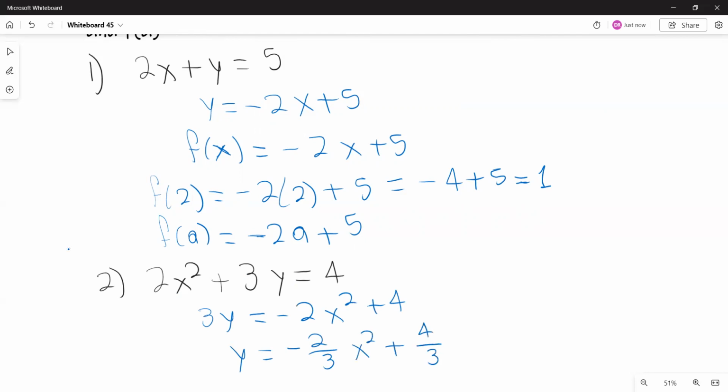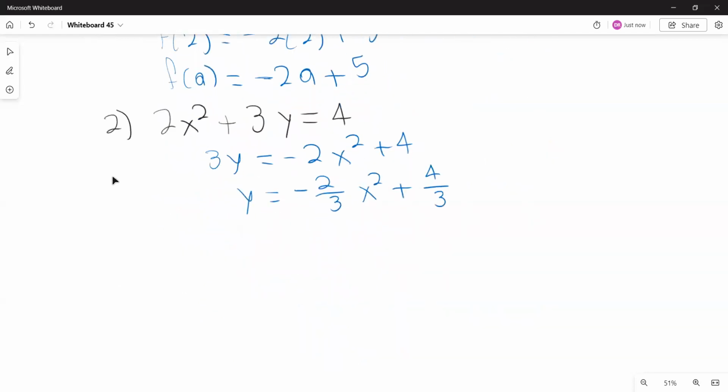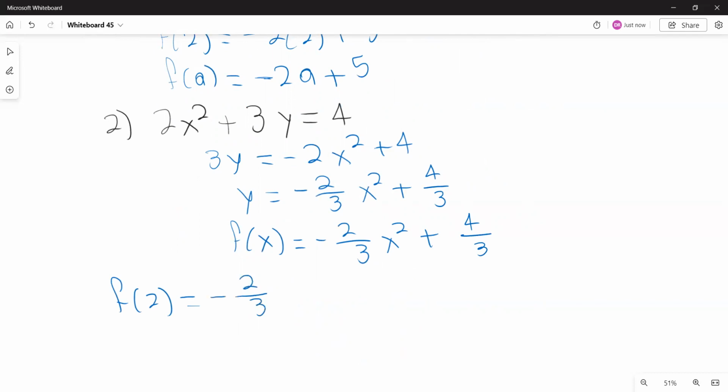And f of x is the opposite of 2/3 x squared plus 4/3. We can evaluate this at 2. If the final result is a fraction, we're going to leave it as a fraction. So this is the opposite of 2/3 times 2 squared plus 4/3.